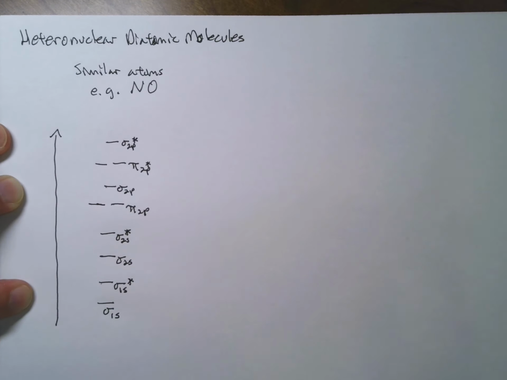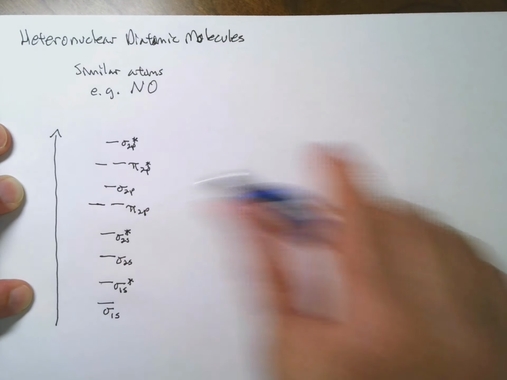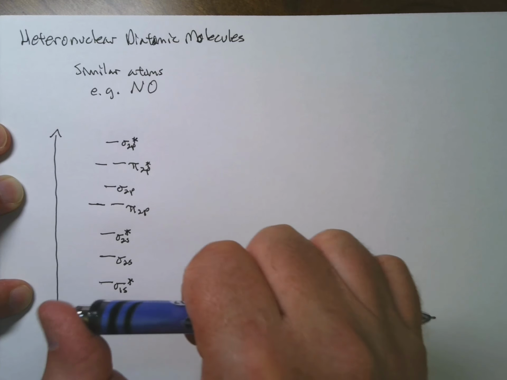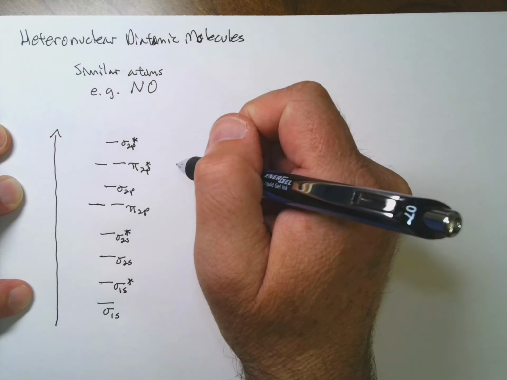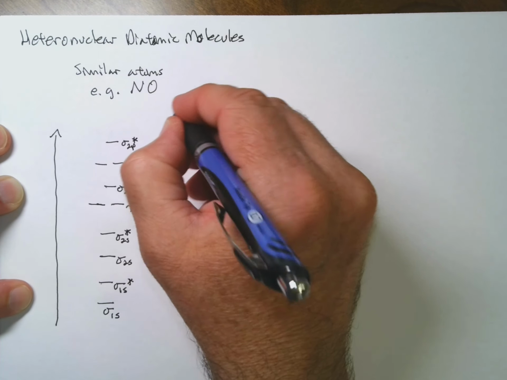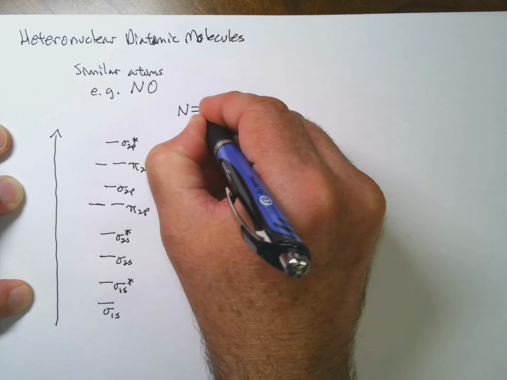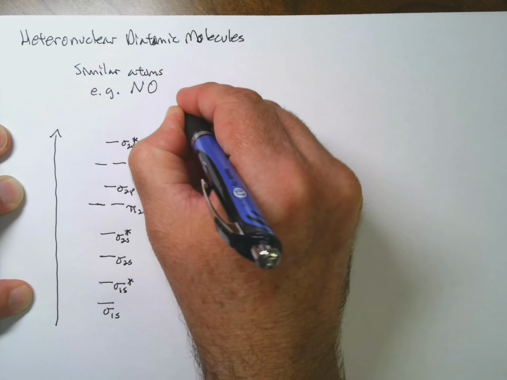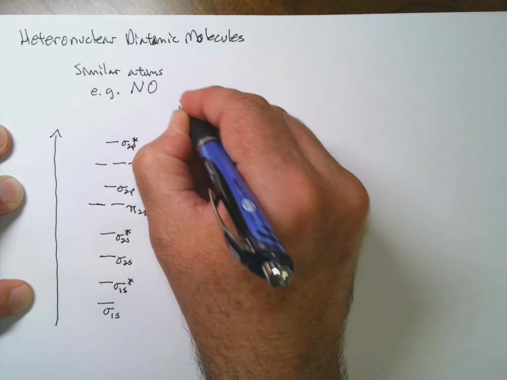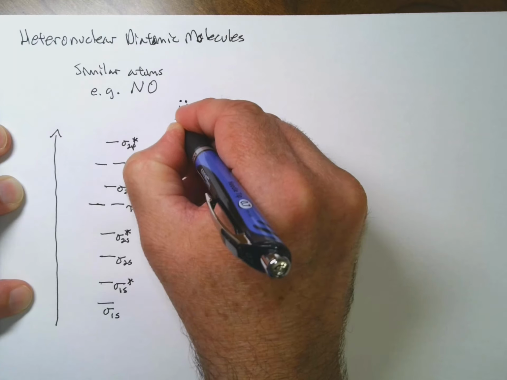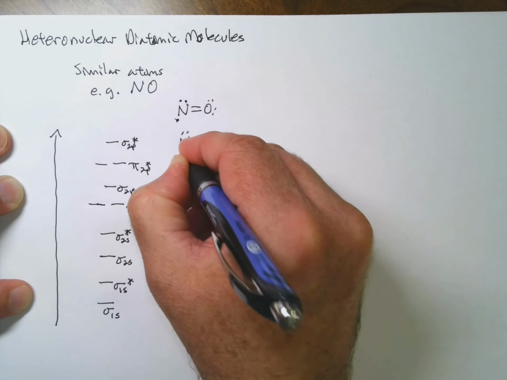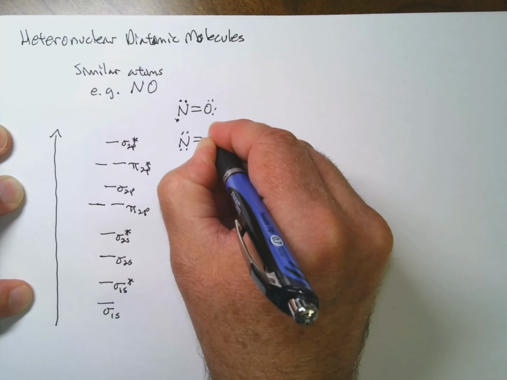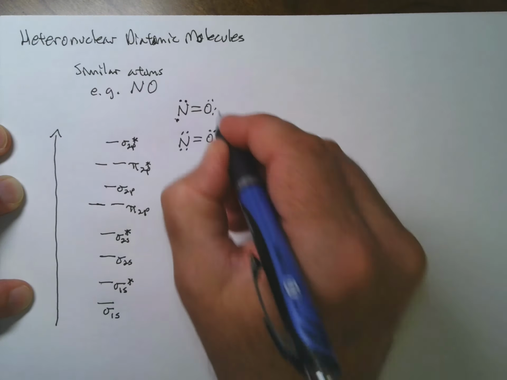And now for NO, let's just look at this, for example, in Lewis structure. I've got 5 electrons from nitrogen and 6 from oxygen, so I should have 11. Oh, I need an unpaired electron here. Well, how do I know it's that and not that?